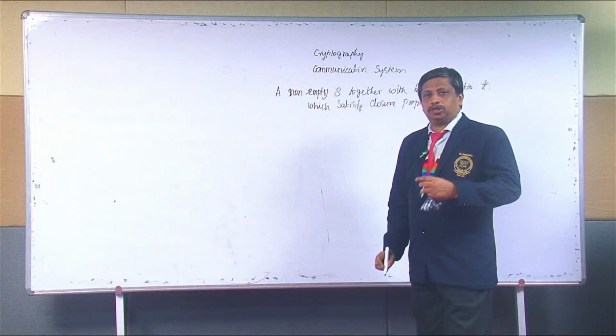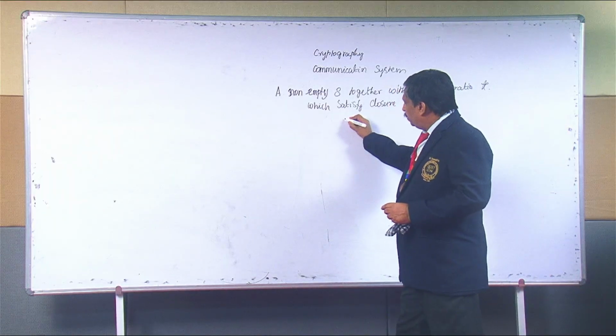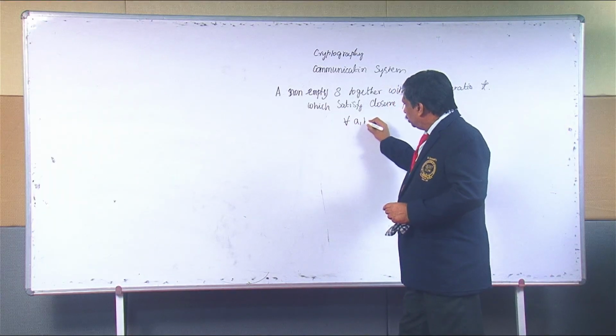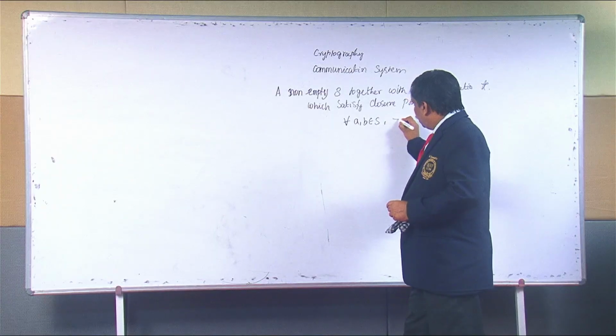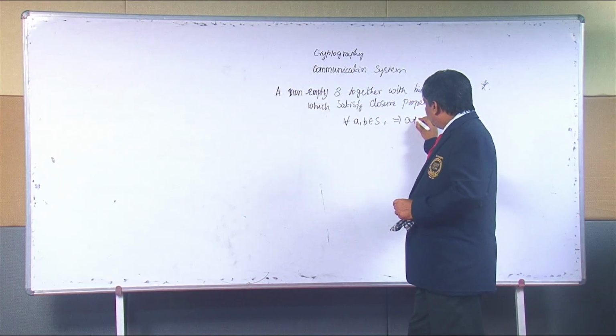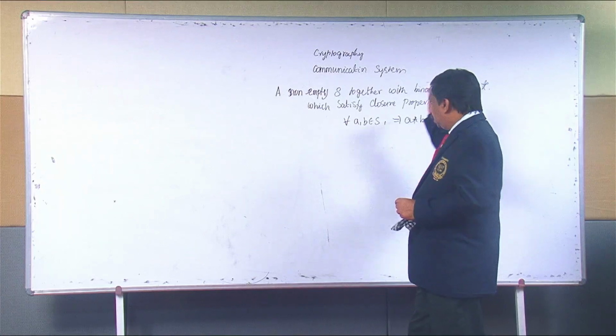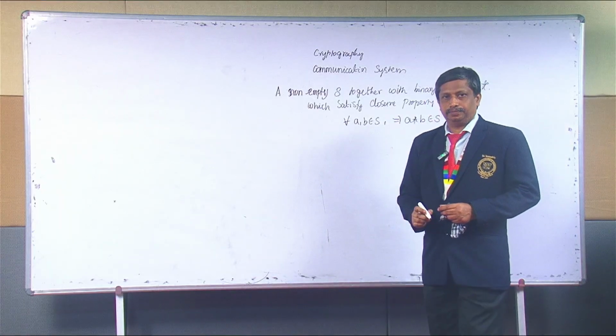Now what is the closure property? For all a, b belonging to G, if a star b belongs to G, then we can say that it is the closure property.